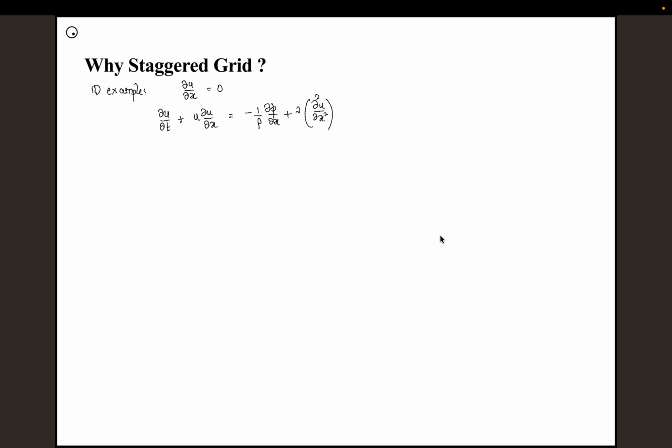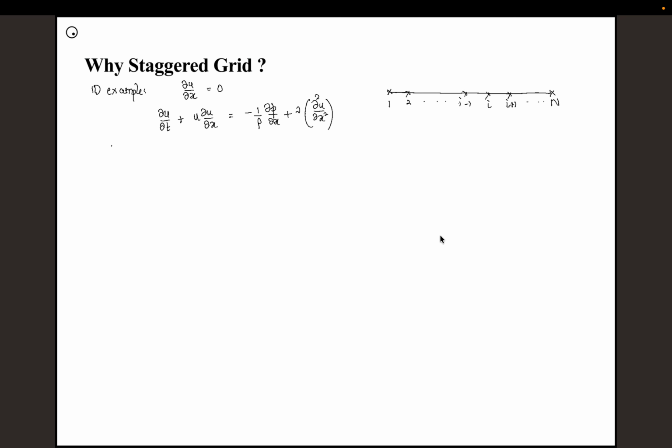So if you were to discretize this on a 1D grid, this is my grid domain, this is my first point, and so on. So this is my 1D grid that I've discretized my domain into.